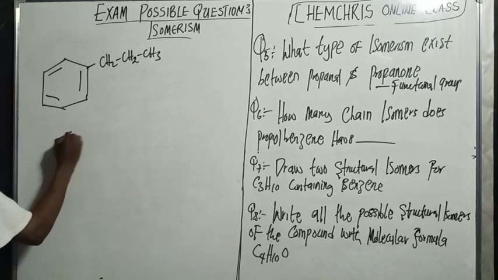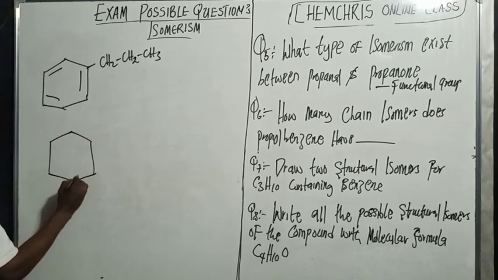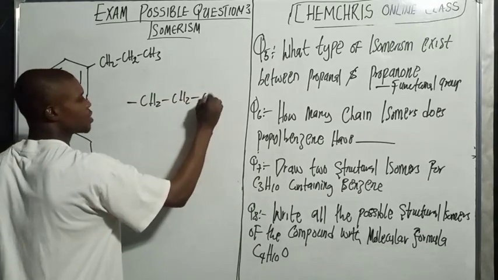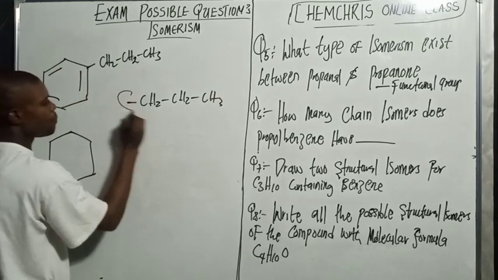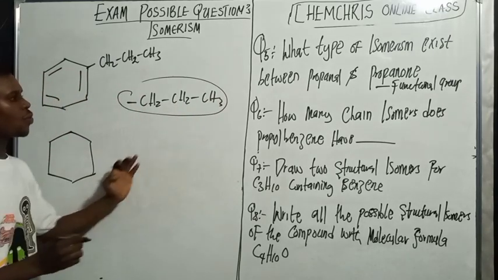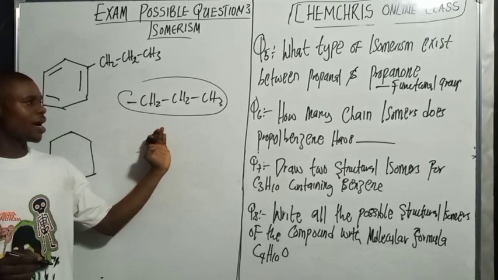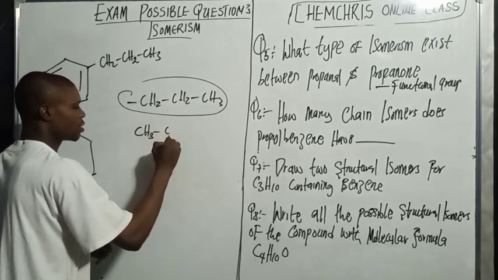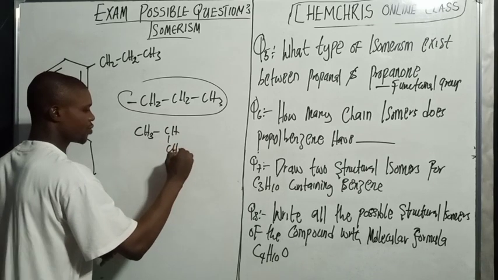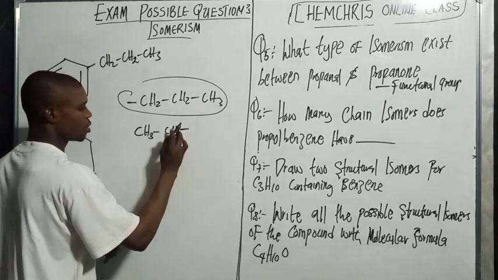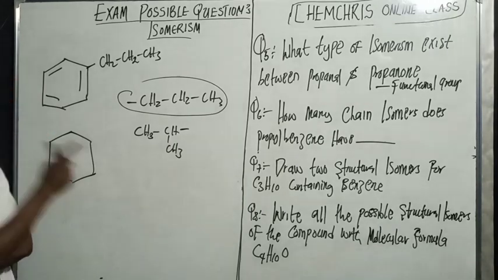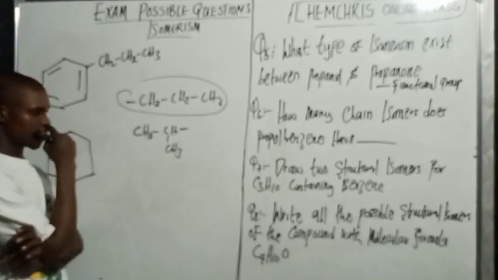Here propyl is CH2, CH2, CH3. This is called propyl. Then we also have what we call isopropyl, which is CH, with CH3 and CH3. This is called isopropyl.